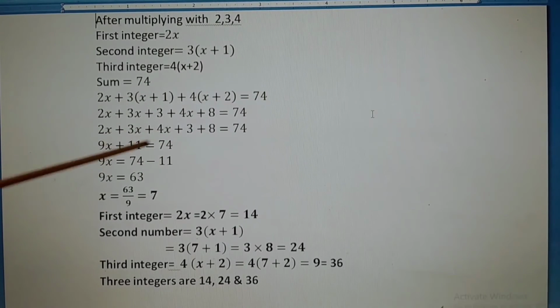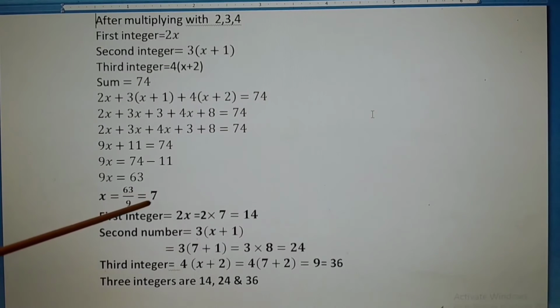Then take plus 11 to the right side of the equal sign, it will become minus 11. 9x is equal to 74 minus 11, that is 63. Then left side multiplication, right side it will become division. So x is equal to 63 by 9, that is equal to 7.